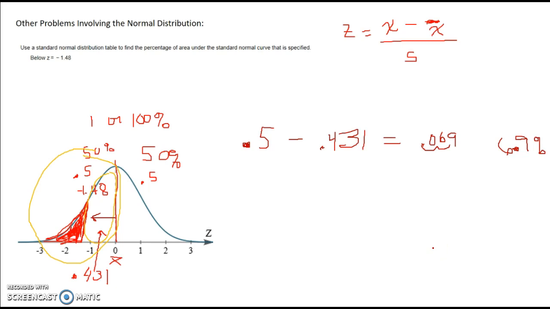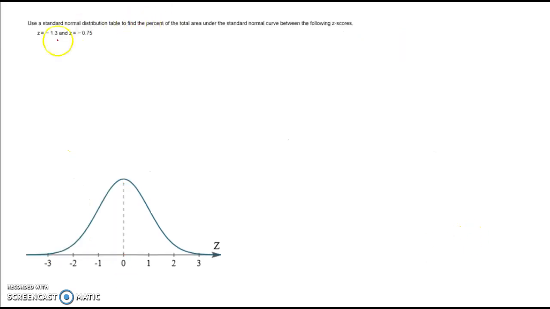All right, let's try the next one. Here I have negative 1.3, so that's going to be over here somewhere, and negative 0.75 is going to be here.